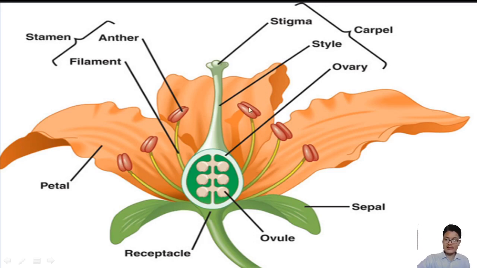Around the male and female reproductive structures in the flower, we have colorful petals for attraction of pollinators. The entire flower is surrounded by sepals. Sepals usually protect the flower, and we also have the receptacle and pedicel, which support the flower.